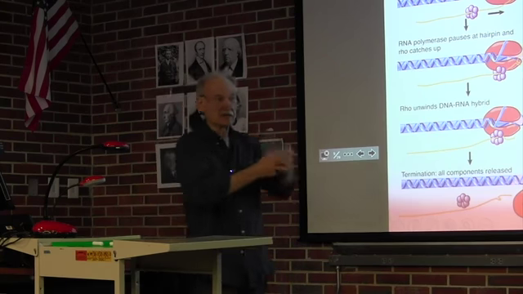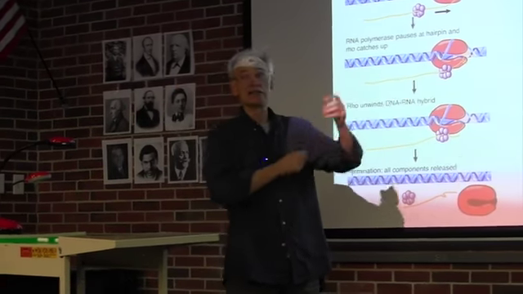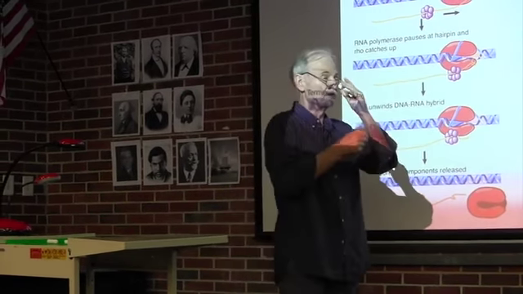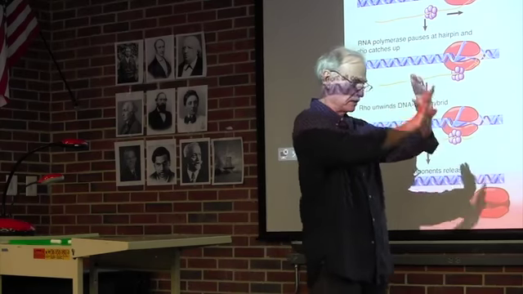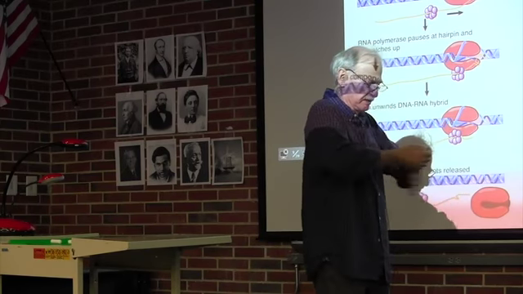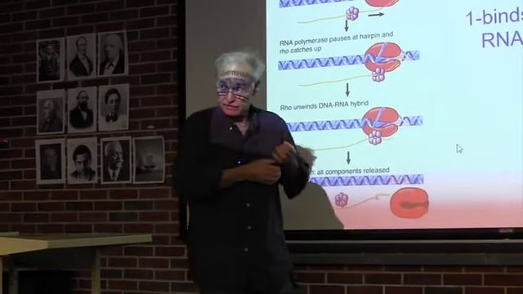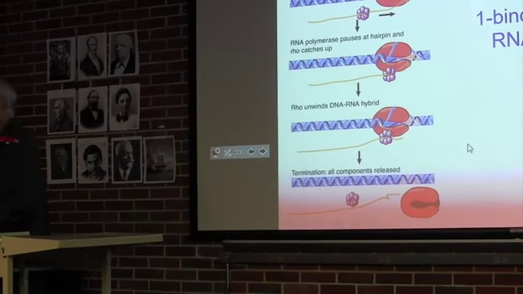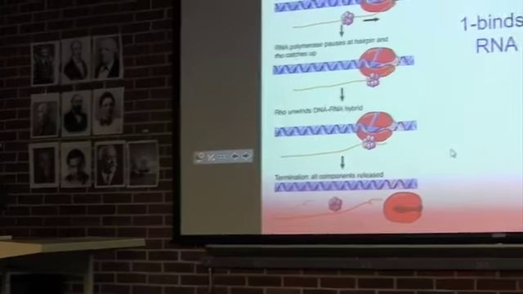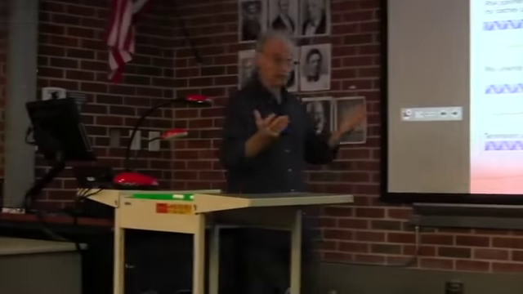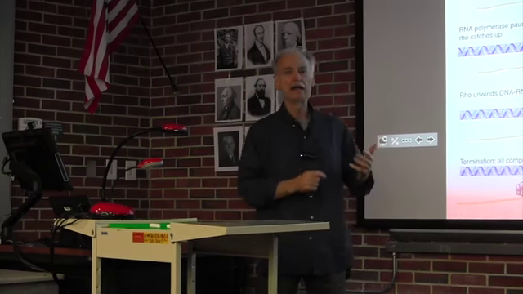It crawls along one base at a time until it catches up with the RNA polymerase. When it catches up to the RNA polymerase, it can't go forward. It goes up against the wall of the polymerase, but continues to yank the RNA out of the active site. How does it get started? What do you need to invoke this RNA helicase?